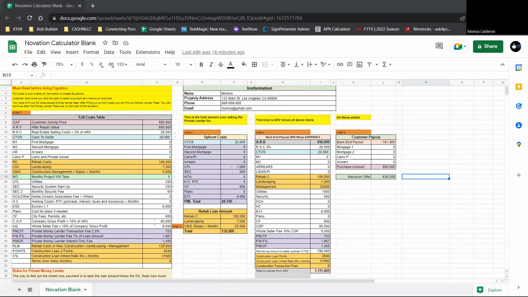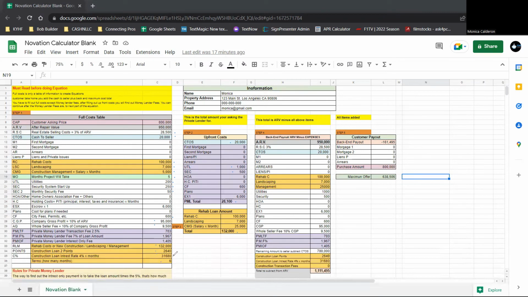132 moves over automatically to this table right here, and this is where we figure out how much we're gonna have to pay with our interest rate and our construction loan set at 2 points. At the bottom here, we'll add the months it's going to take us, or how long the term is for this construction loan, to figure out our construction loan interest rate.